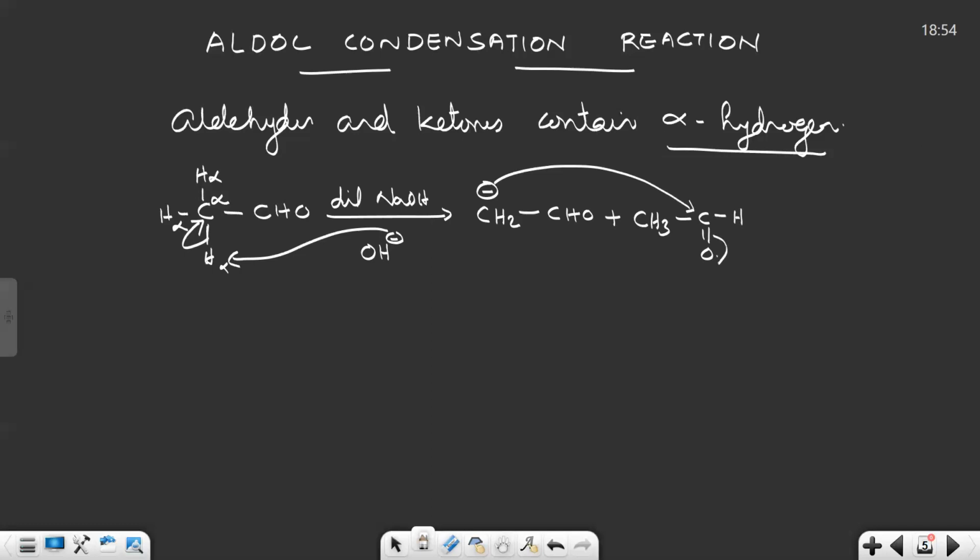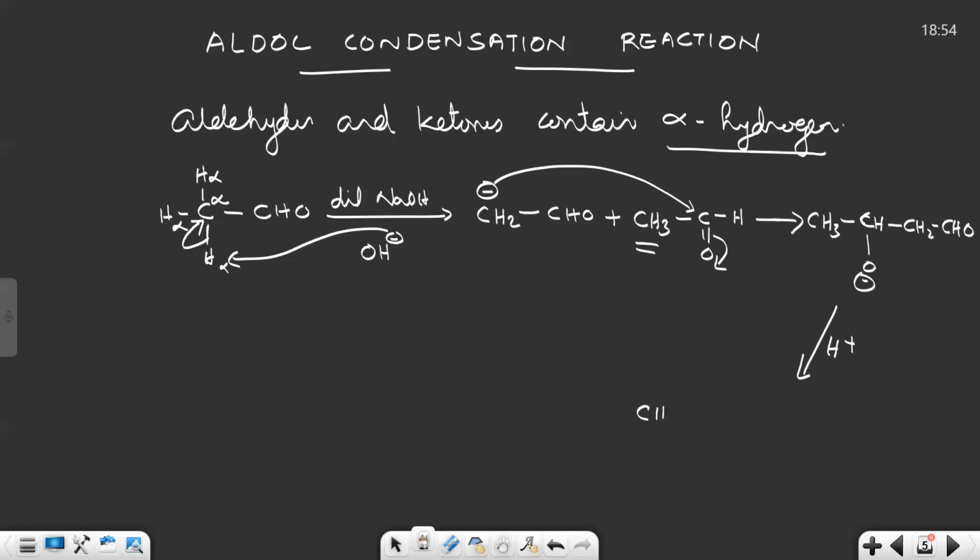Then this pi bond will shift towards the oxygen atom since it is highly electronegative. So the resulting compound will be, I will start from here, CH3, then the carbon is attached with one hydrogen, now oxygen is O minus. Now this carbon is attached with the CH2 group and CHO is there. Now this compound will abstract one H plus ion from the reaction medium.